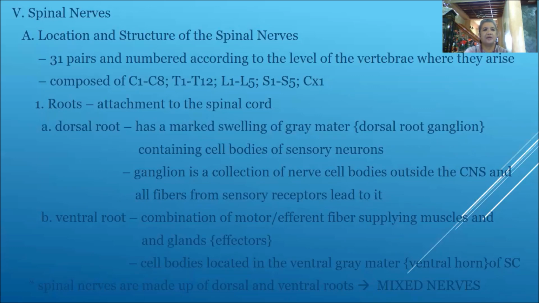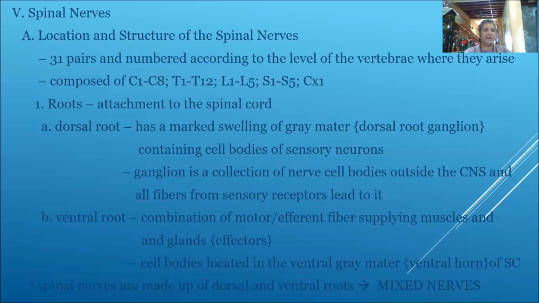It is composed of C1 to C8, T1 to T12, L1 to L5, S1 to S5, and Co, which is coccygeal. So there are 8 cervical spinal nerves, 12 thoracic spinal nerves, 5 lumbar spinal nerves, 5 sacral spinal nerves, and 1 coccygeal spinal nerve.